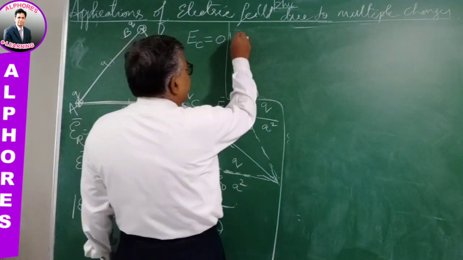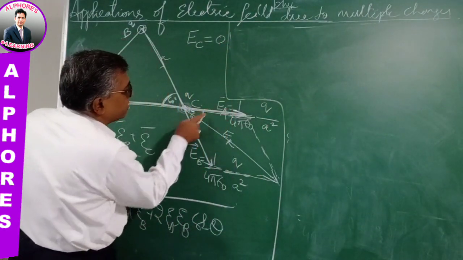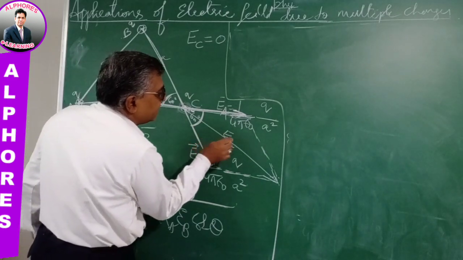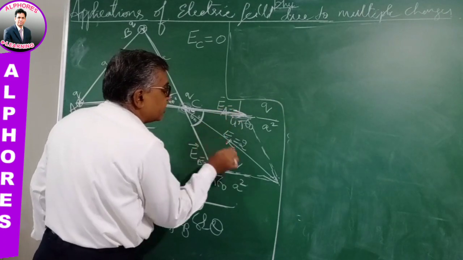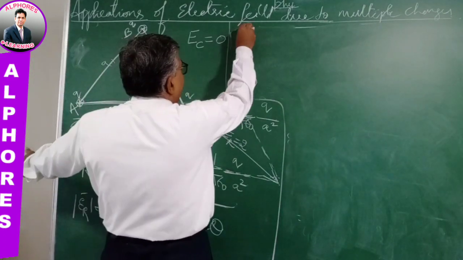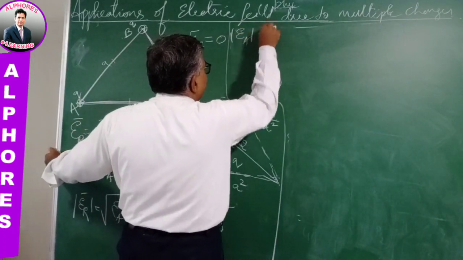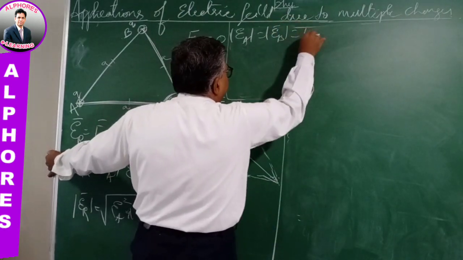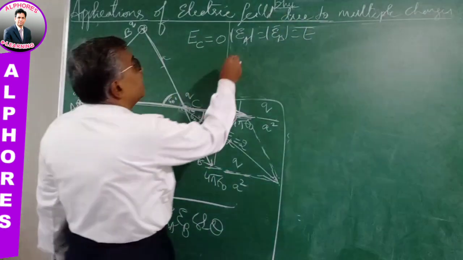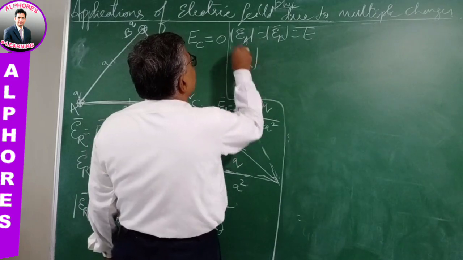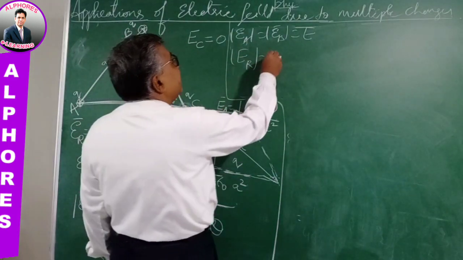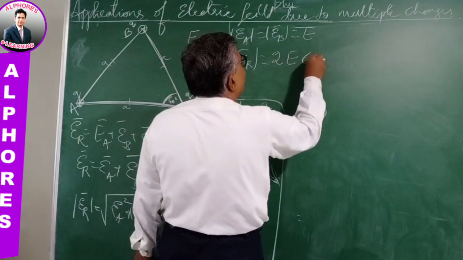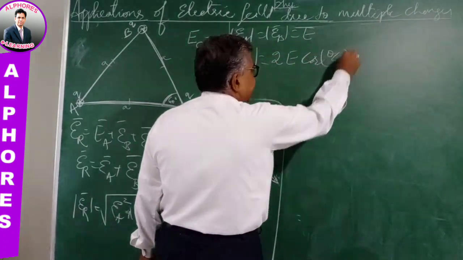So if both are of the same magnitude E, that is, the magnitude of EA is equal to the magnitude of EB is equal to E, then according to the note from the parallelogram law of vectors, the resultant magnitude you can simply write as 2E cos theta by 2 directly.